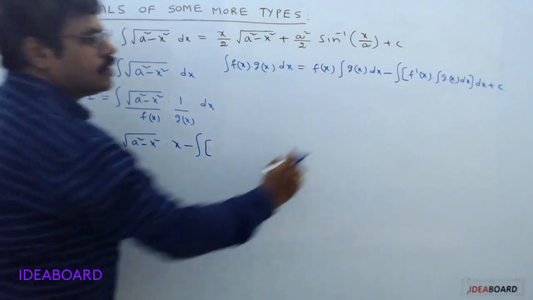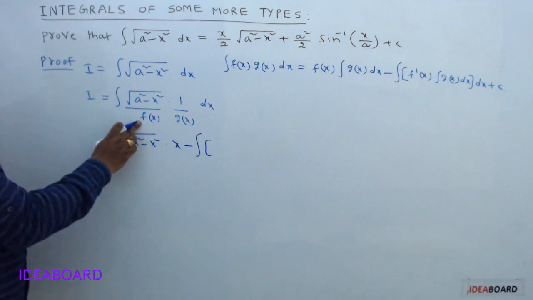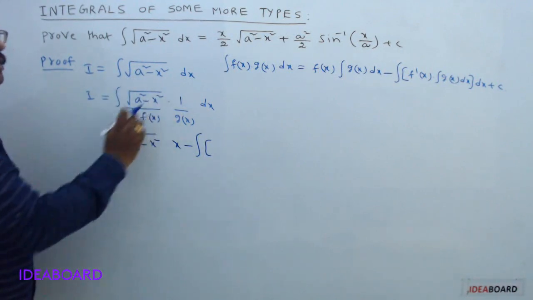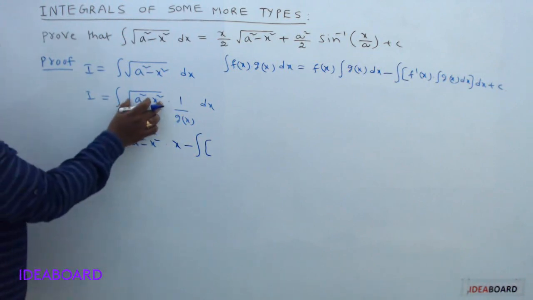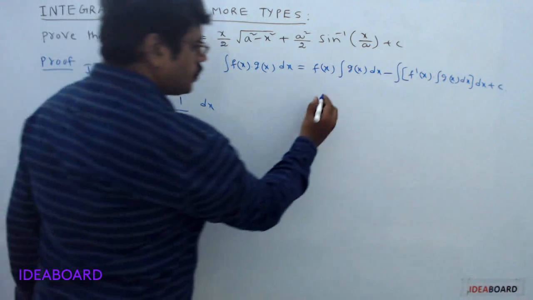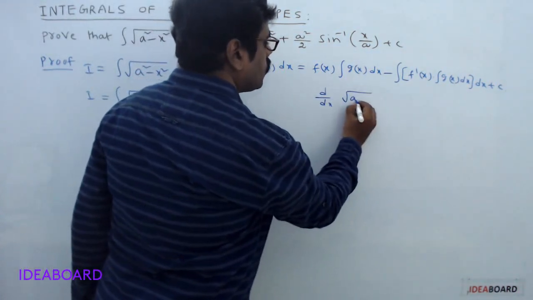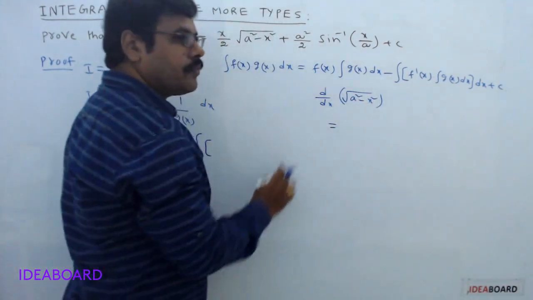integral of f dash of x, that is the derivative of f of x, that is the derivative of root of a square minus x square. What is the derivative of root of a square minus x square? Now see, the derivative of root of a square minus x square.